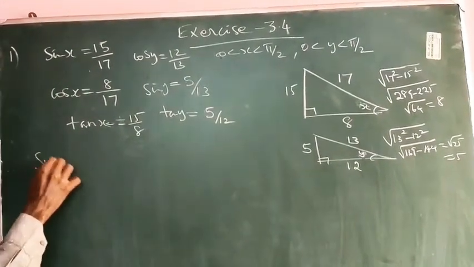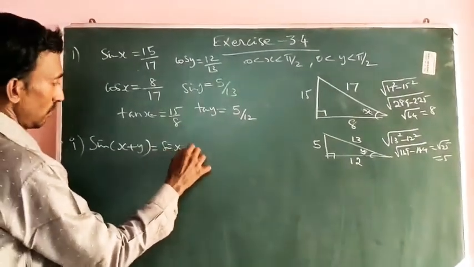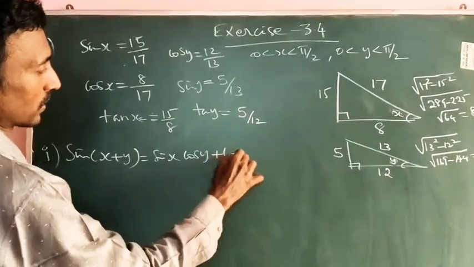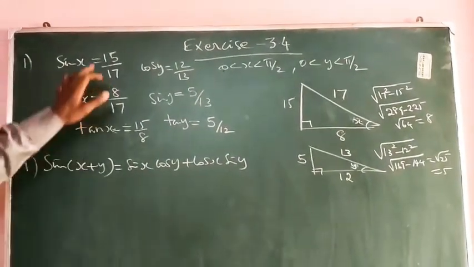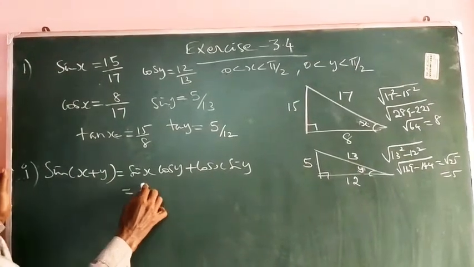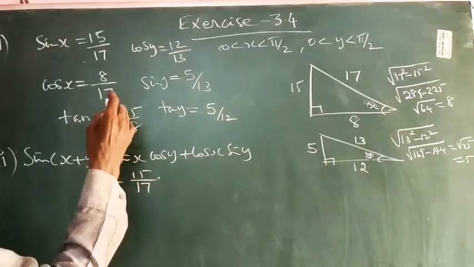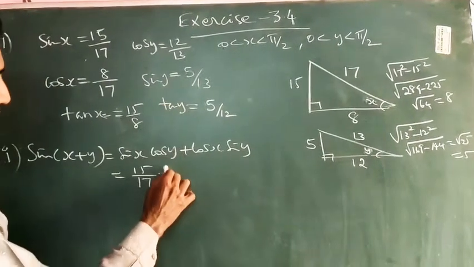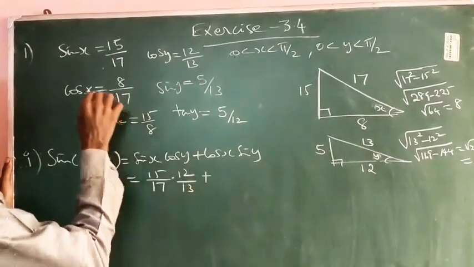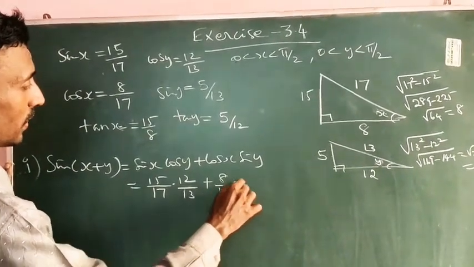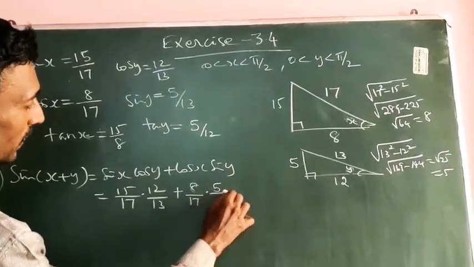Now our aim is to find out sin(x+y), first subdivision. So sin x cos y plus cos x sin y. This is the identity. So use the values here: 15 by 17 into cos y, 12 by 13, plus cos x, 8 by 17, into sin y, 5 by 13.